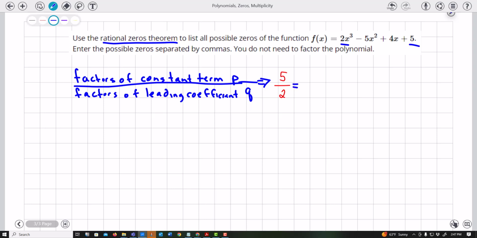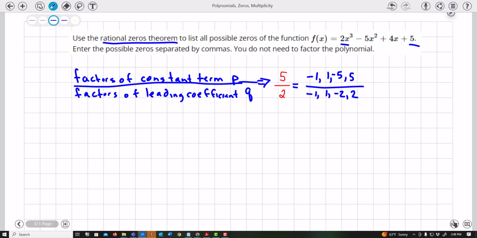All right, so there are those values. I think all the factors of 5 would be -1, 1, 5, -5. Okay, so you want to write the negatives as well. And then all the factors of 2 would be -1, 1, -2, and 2.